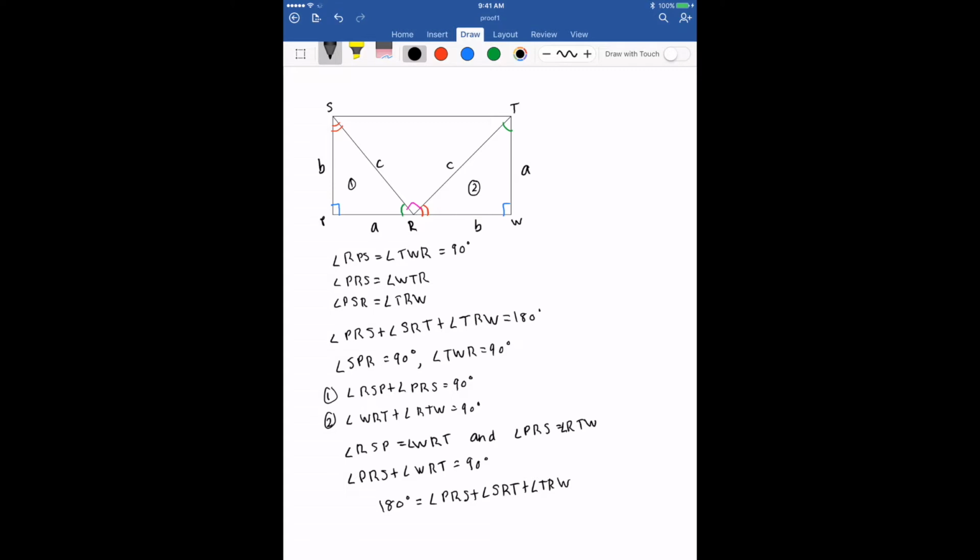But we know that angle PRS and WRT already add up to 90 degrees, which leaves us with the conclusion that angle SRT is going to have to be 90 degrees.